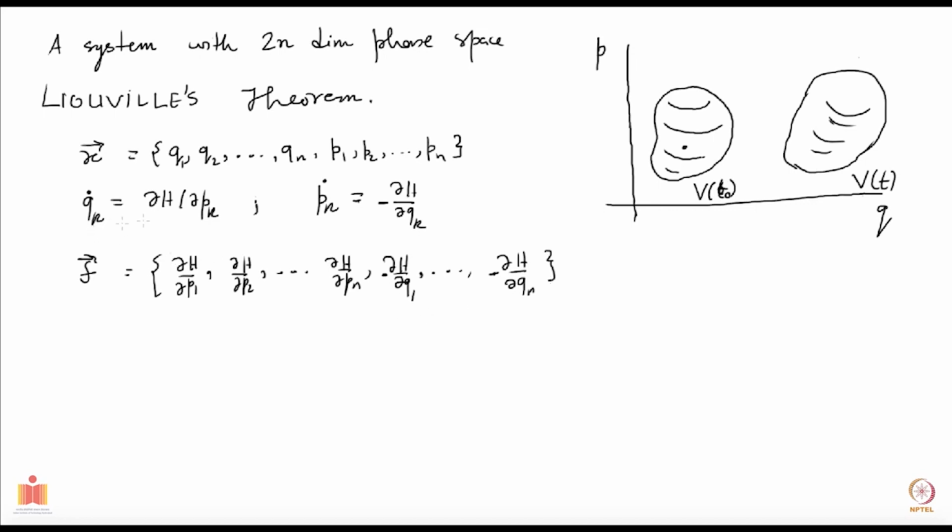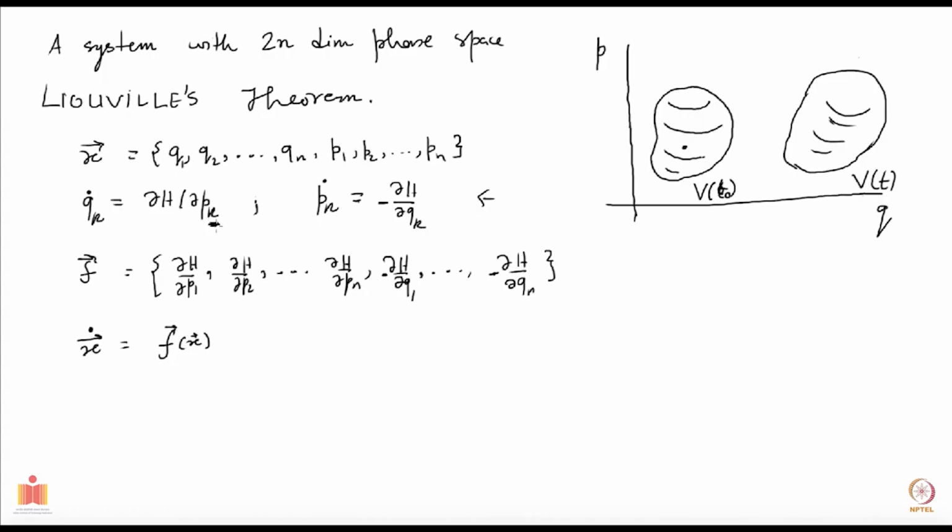Okay, so Hamilton's equations of motion, using the notation we have just written down, can be written as x dot is equal to f. Right? So if I look at, for example, what is x1 dot, it will be f1, which is delta h over delta p1. And what is x1? It is q1. So q1 dot should be delta h over delta p1, which is correct.